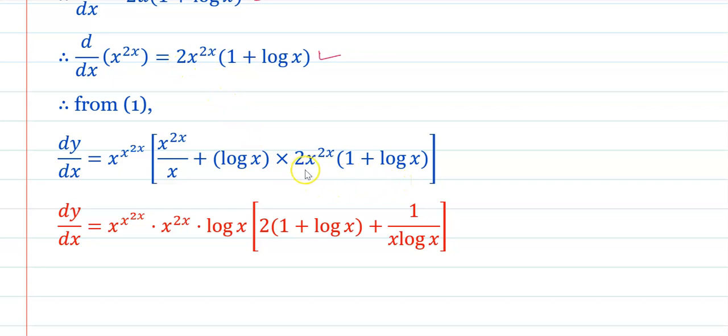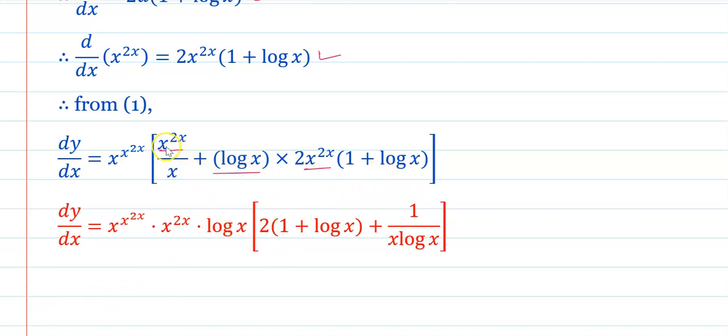Again, in this whole bracket, what can we take common? x raised to 2x we can take common. Therefore x raised to 2x into x raised to 2x. And next again log of x. Here we can take log of x common from this.